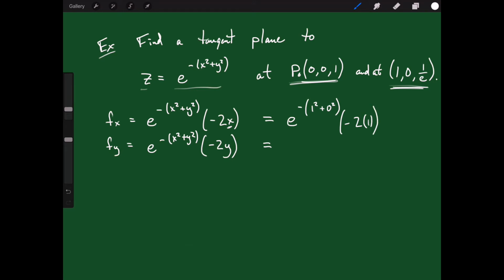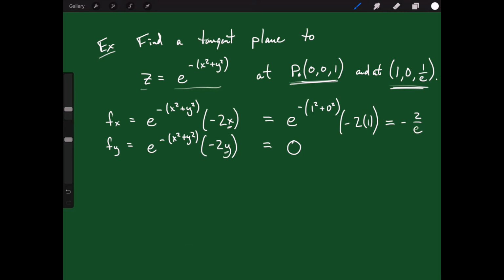Okay, for the second piece, I still have y is going to be 0, so I get 0. And that's all. So what is this? This is e to the negative 1 times negative 2. So it's minus 2 divided by e.